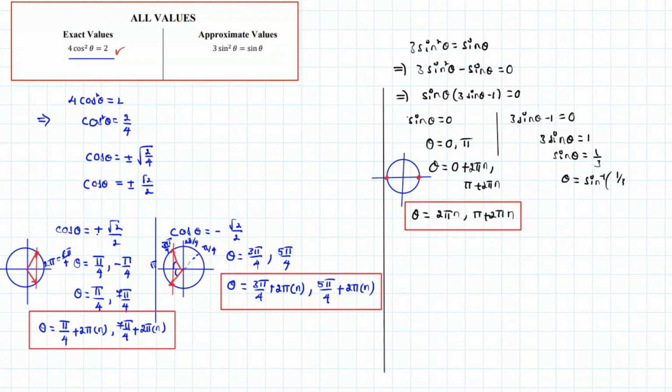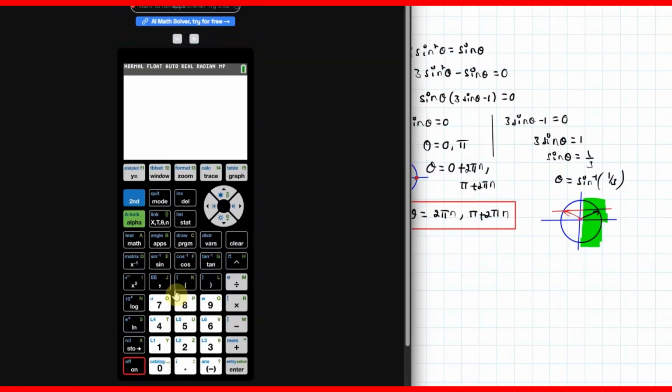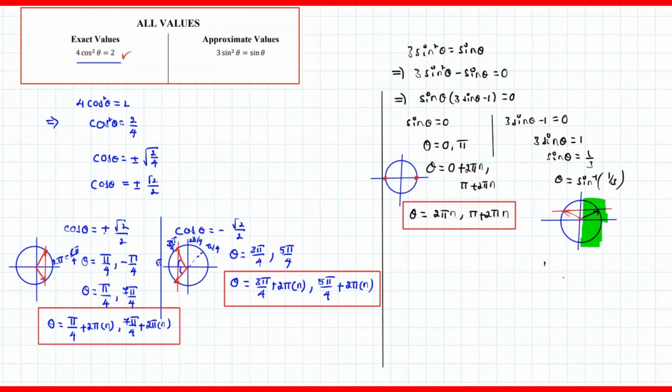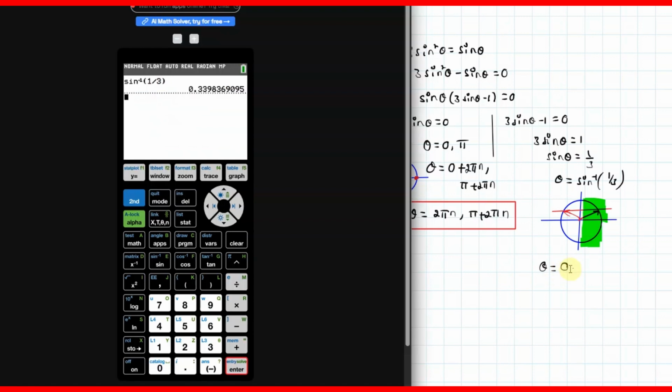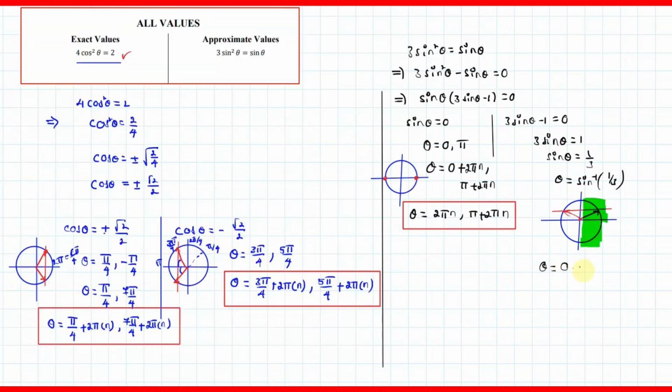Okay, let's use the calculator, press second sine 1/3. So this is 0.33985 radians. So this angle theta equal to 0.33985 radians.